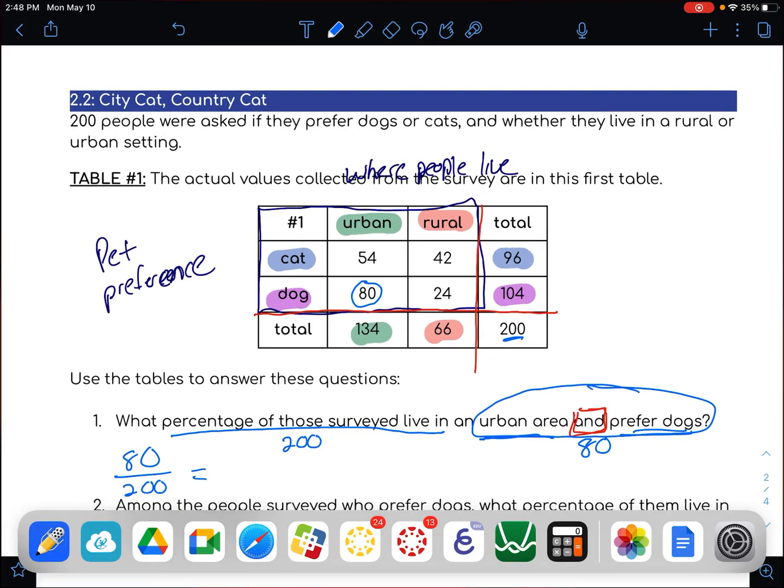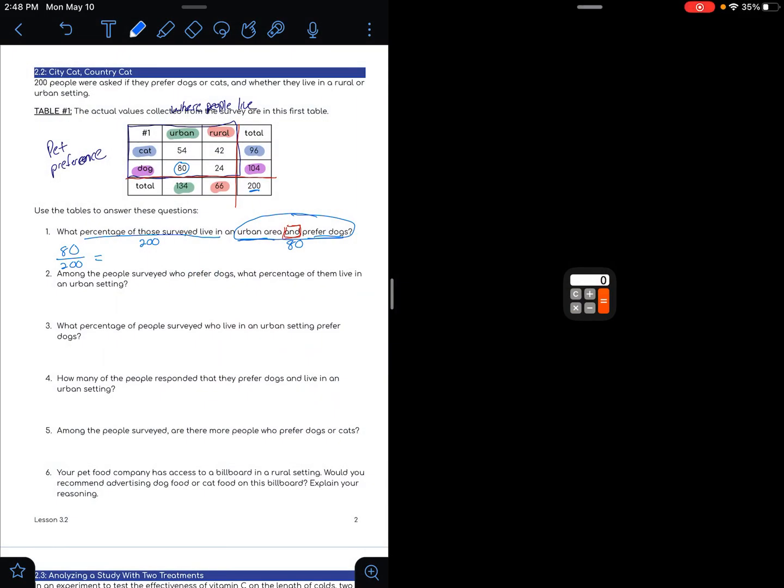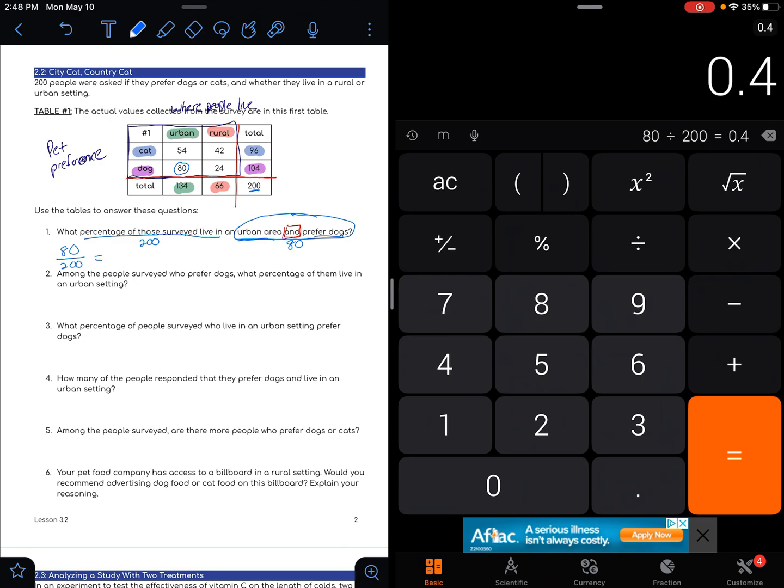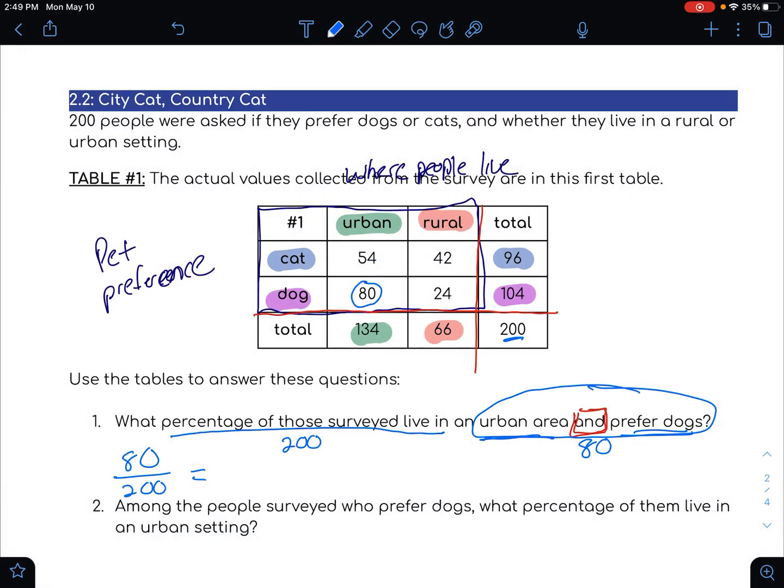If we want a percentage, that means we're breaking out the calculator. Maybe this is one you could do in your head. But to get a percentage, we divide the fraction. So 80 divided by 200 is 0.4. But that's not the percent. Remember, to get a percent, we have to multiply that by 100 or move the decimal point over 2 spots.